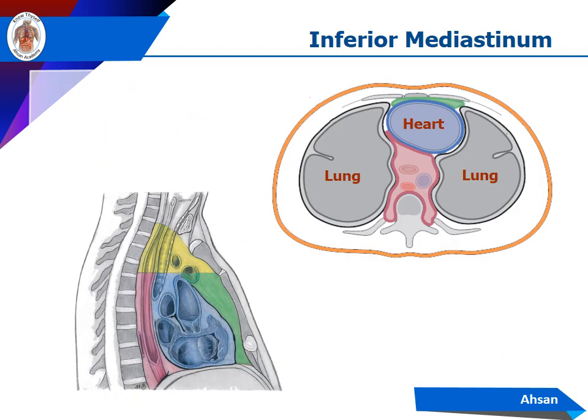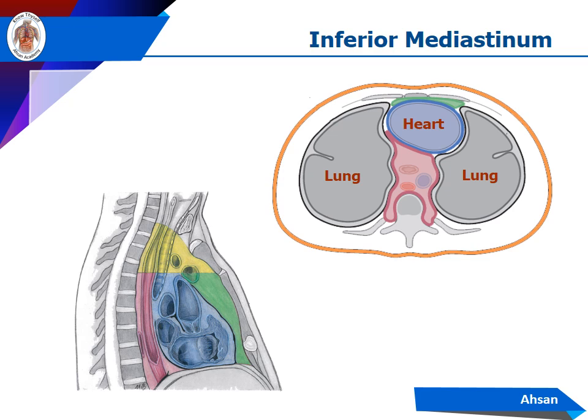You can see from the transverse section and from the median section the position of the inferior mediastinum and its divisions. You can see the heart occupies an important area, most of the area of the inferior mediastinum, with a very small anterior part and a relatively larger posterior part.